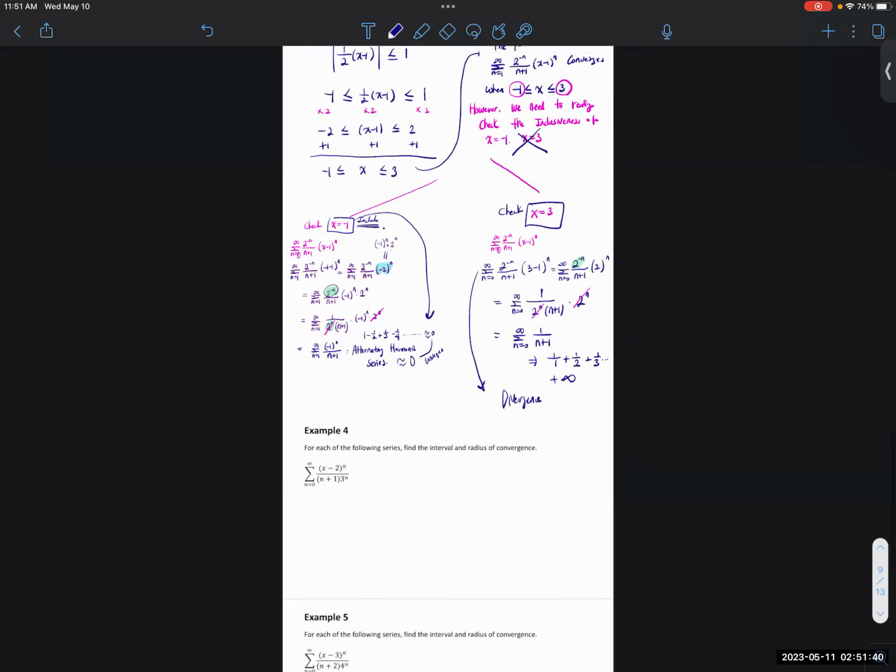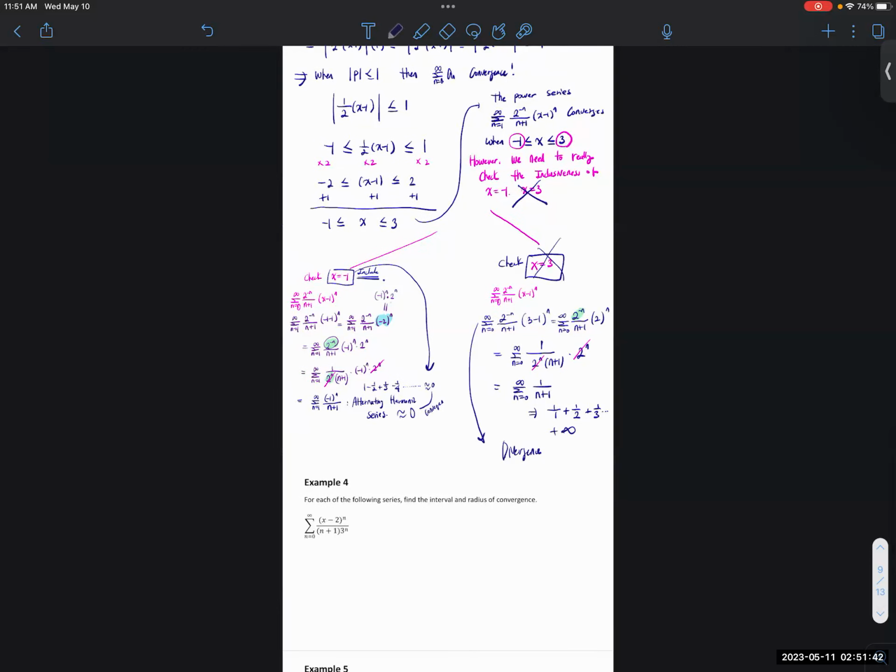So the answer: x is between -1 and 3, which means the interval -1 to 3, with 3 open. That's your answer. Very important notation. We do not include 3 because when x equals 3, it is divergent. When x equals -1, it is still convergent.